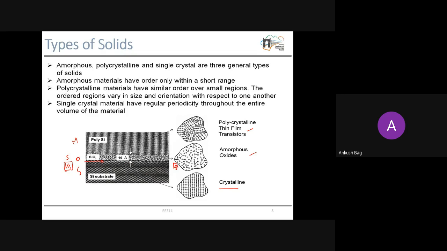But for the time being, in research as well as in some commercial devices, people have tried to use polycrystalline material, but the main problem is reliability. Reliability means that today you can get your desired performance out of your device, but after 5 years or let's say 10 years, the same device may not give you the desired performance. There might be some degradation.